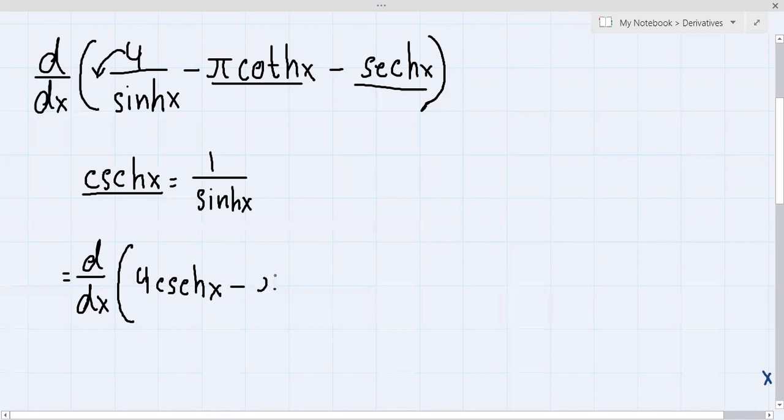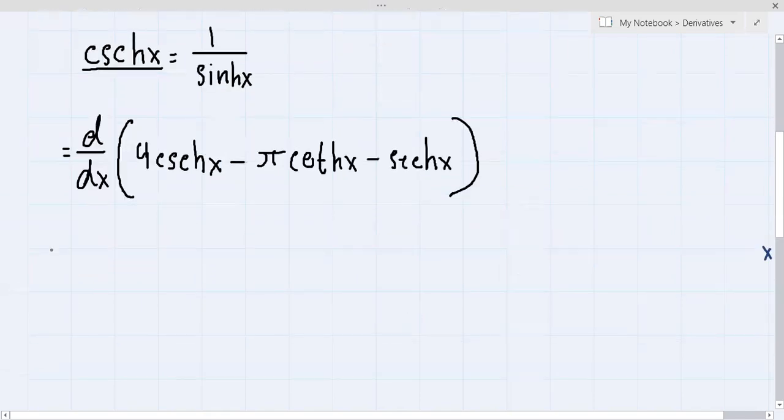So now we can copy the rest of the terms. Let me just rewrite this one. Now we can apply the sum and difference rule of differentiation.